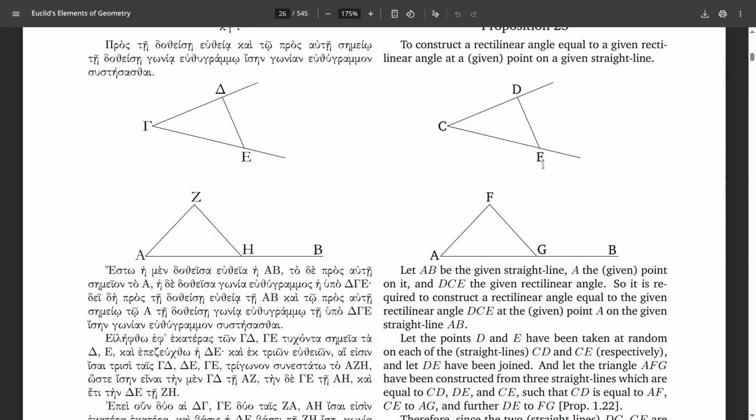So how do I, hmm. From one length, I have to capture that information. There we are.